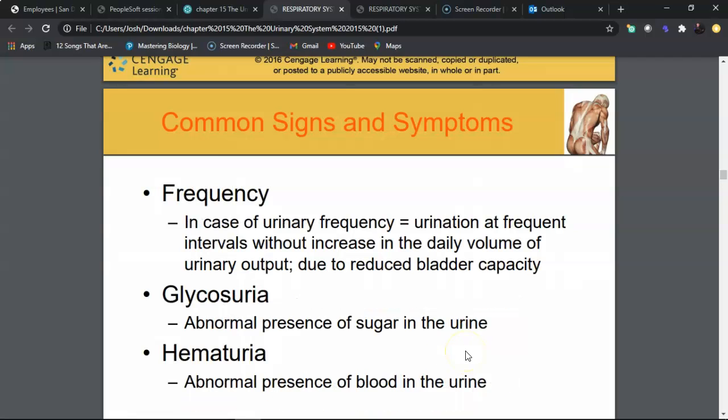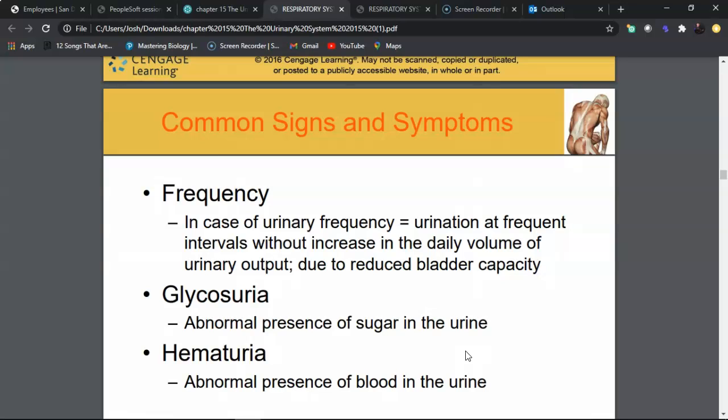Then we look at a couple of other terms. Frequency is a term where we're having voiding episodes that are more frequent, but not necessarily changing the amount of urine production that we have. When someone has a bladder infection, the stretching of the bladder causes it to get irritated, and so it gives women, or a man, but it's more common in females, the sensation to go to the bathroom more frequently.